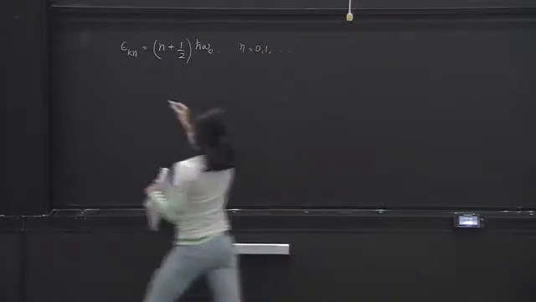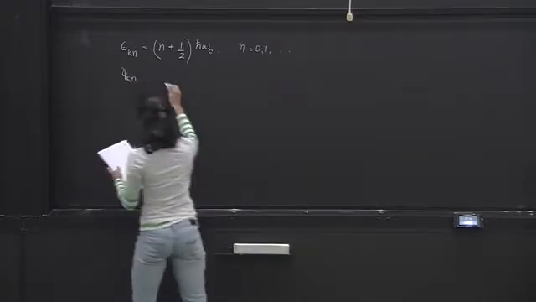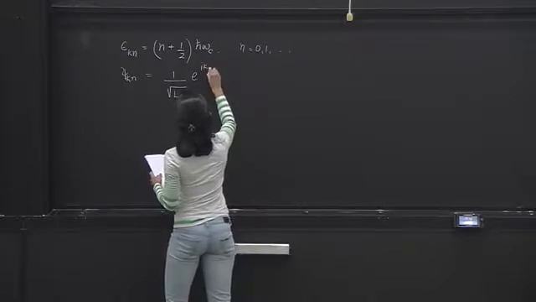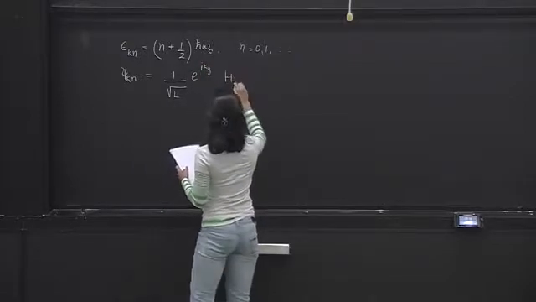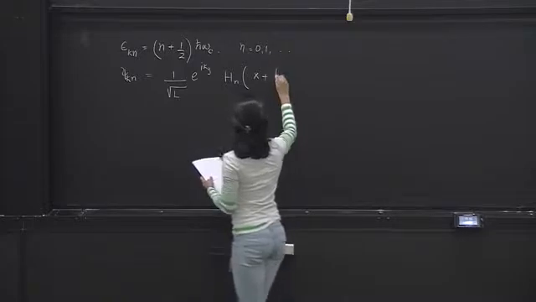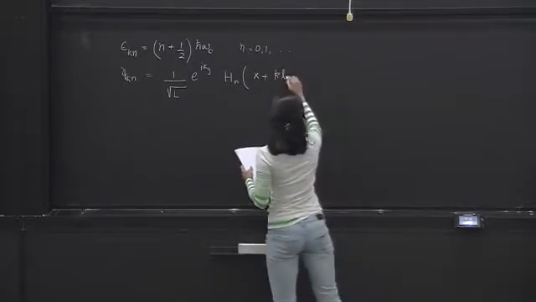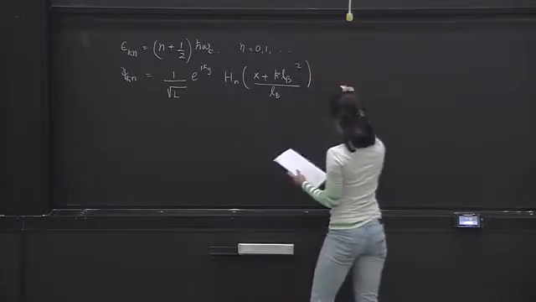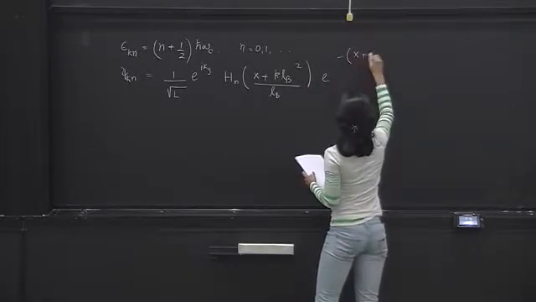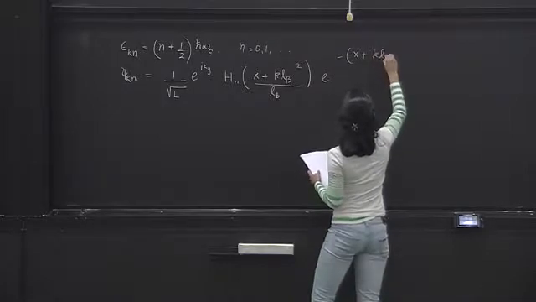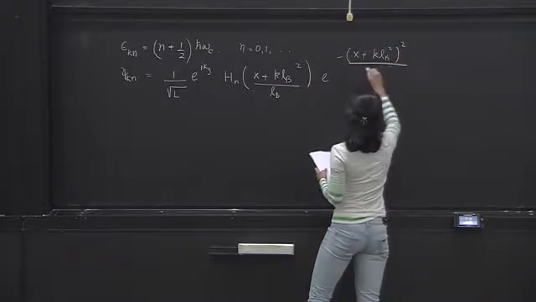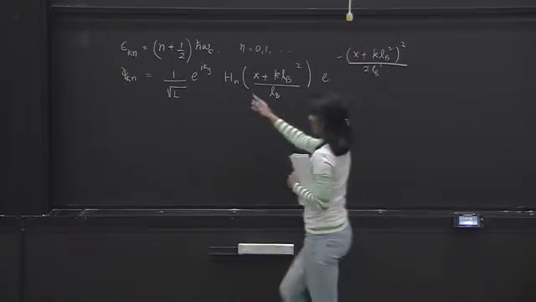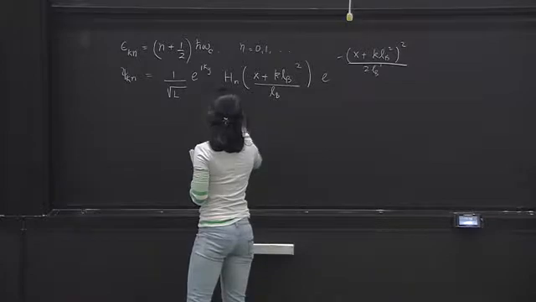And the eigenstates are e to the i k y times a function involving Hermite polynomials. These H_n are the Hermite polynomials.